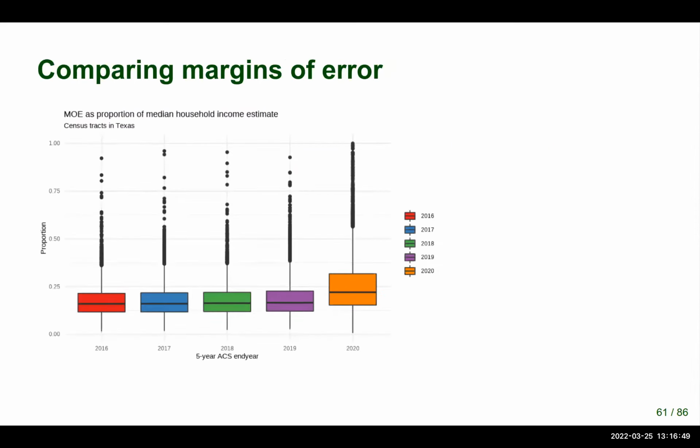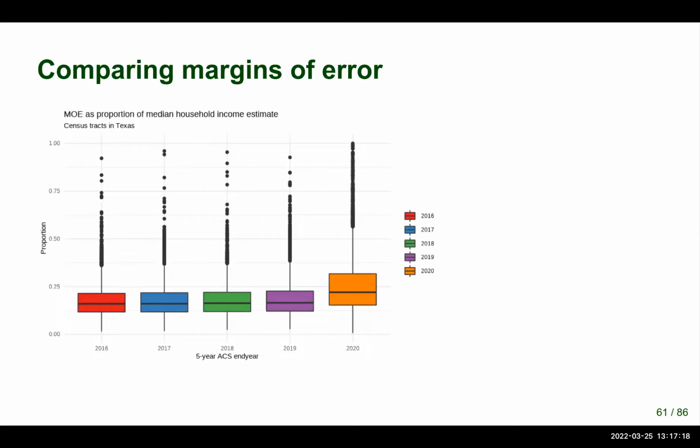And I took a crack at this when the data came out, just making a comparative box plot. This is from the median household income estimate for all census tracts in the state of Texas. And I pulled the data down for 2012 to 2016 through 2016 to 2020 ACS. And I calculated the margin of error as a proportion of the median household income estimate.